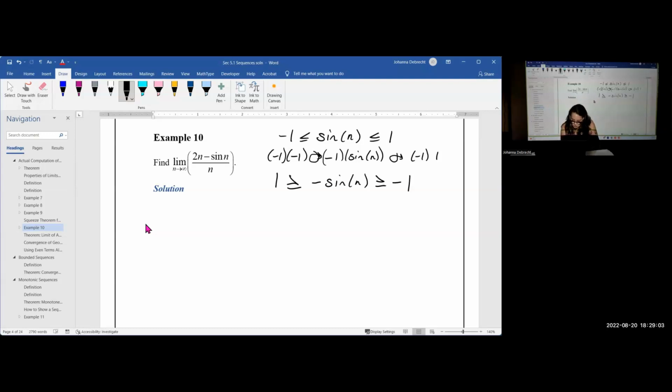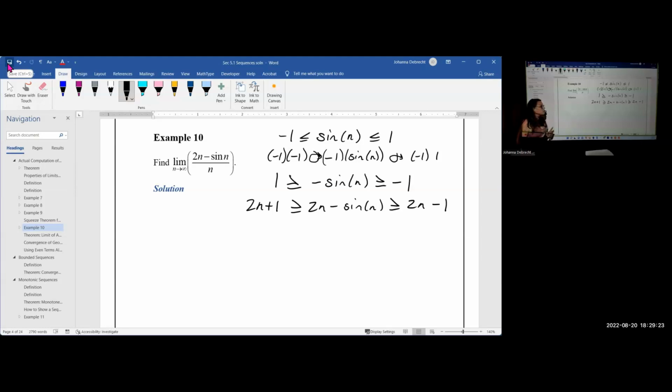So I'm going to add 2n to all three parts. So I have 2n plus 1 greater than or equal to 2n minus sine of n greater than or equal to 2n minus 1.